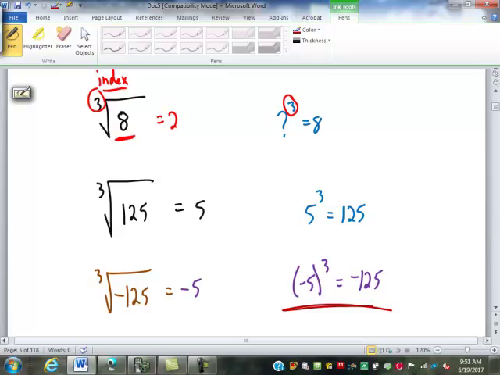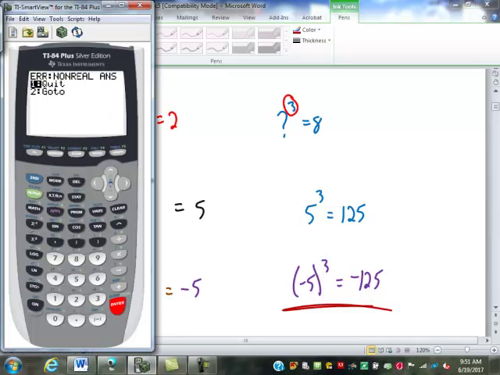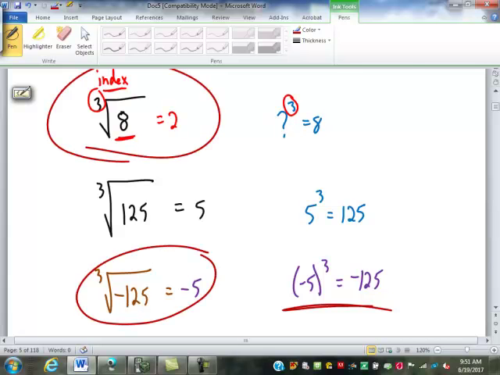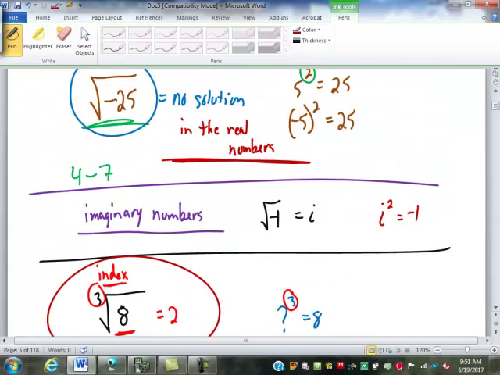Yeah, it is. Negative 5 to the power of 3 is a negative 125. Why was I able to do this and not this?